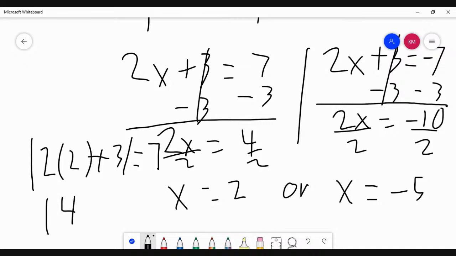Two times 2, that gives me 4 plus 3, and that equals 7.